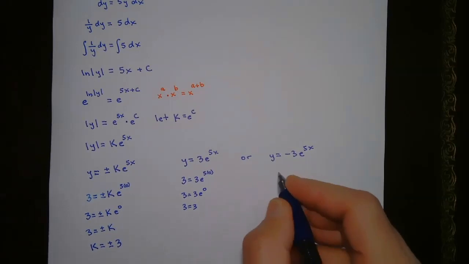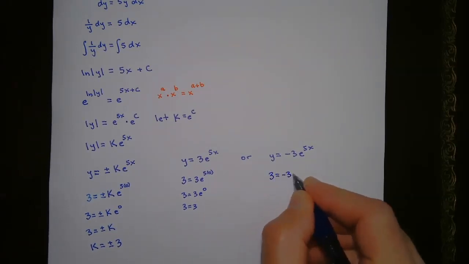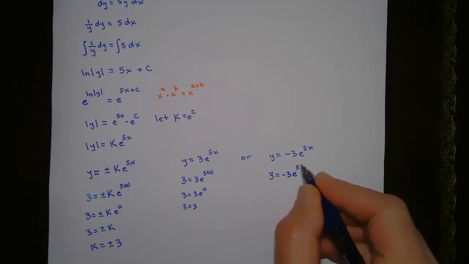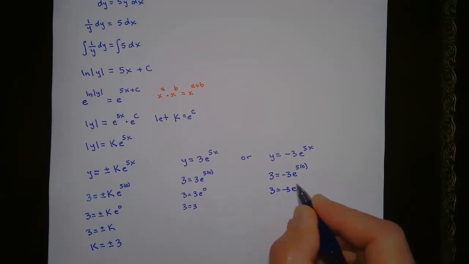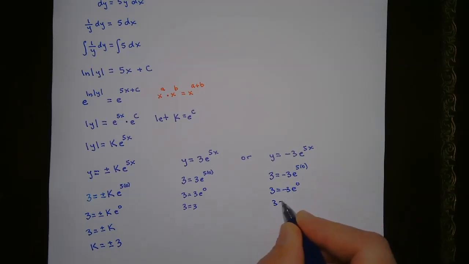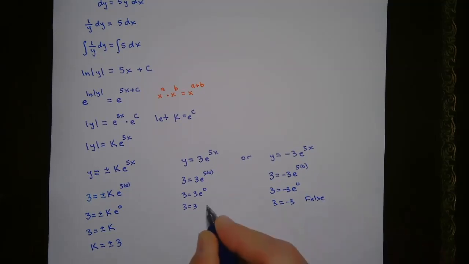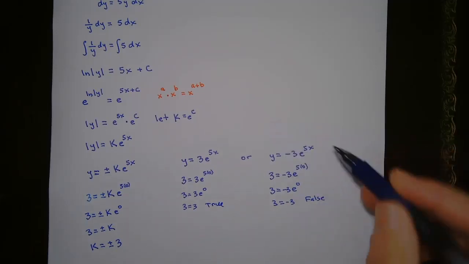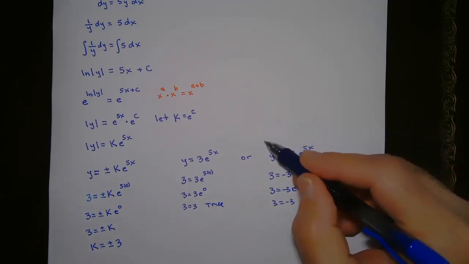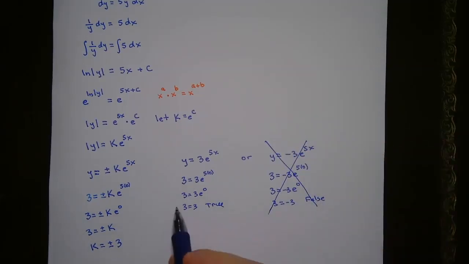Coming over here, we would get 3 is equal to negative 3 e to the 5 times 0, which is 3 is equal to negative 3 e to the 0, which means 3 is equal to negative 3, which is false, right? This one's false, and this one's true. So that means it's not this equation because it doesn't give me the correct y value. Okay, so I'm going to cross this one out.